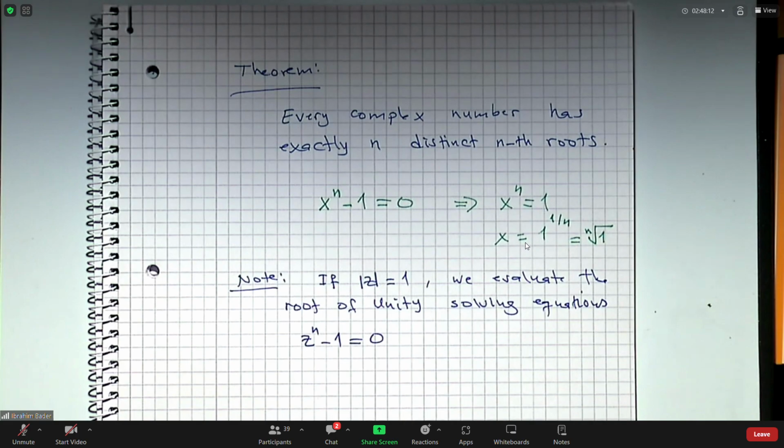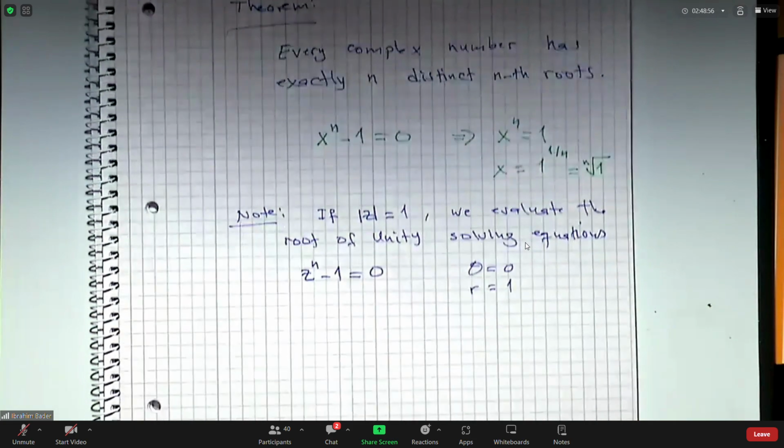Now, in this case, of course, the formula, so if I have 1, which angle is that? It's 0. So theta is equal to 0, and r is equal to 1.